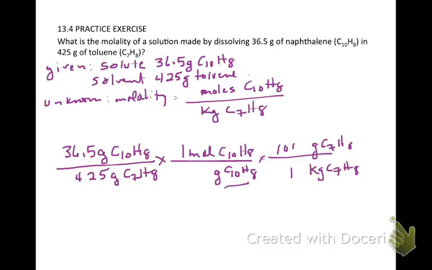That is just a factor label conversion, a unit conversion. Can I calculate the molar mass? Yes. 10 times 12.01 plus 8 times 1.008 should get 128.18. Now can I put this in the calculator? Yes.